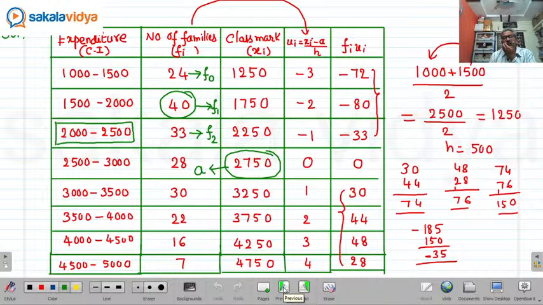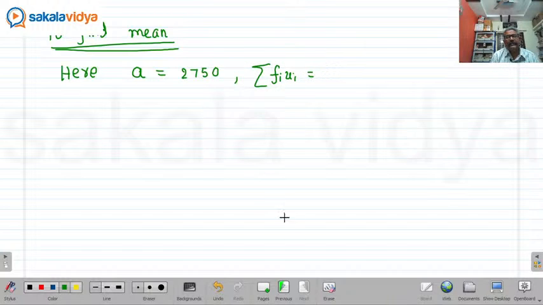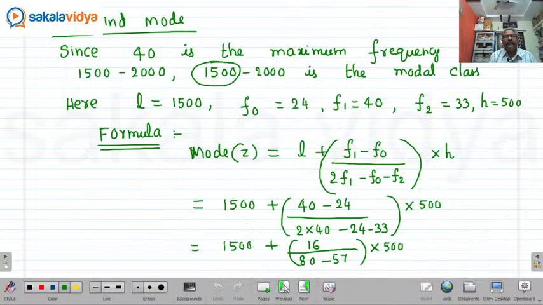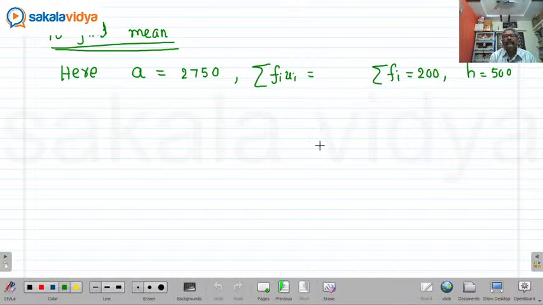Okay, 2750. Sigma Fi ui is minus 35, sigma Fi is 200, H will be 500. We have these values, but we need sigma Fi ui, that will be minus 35. Okay, minus 35.